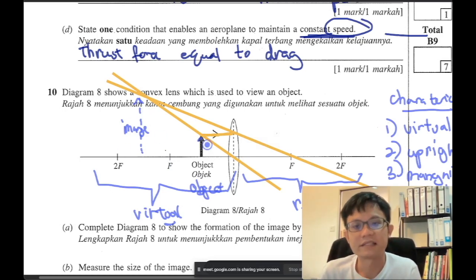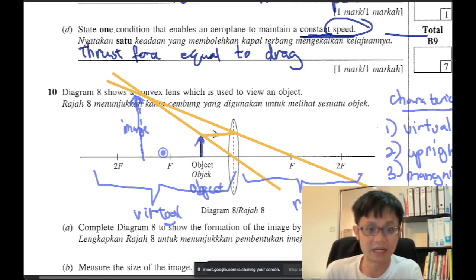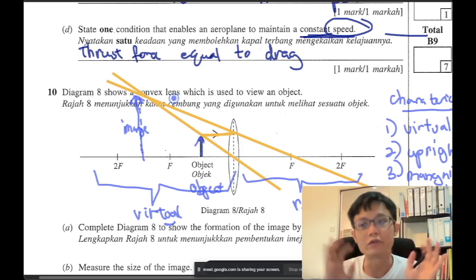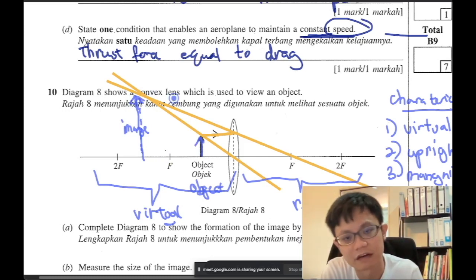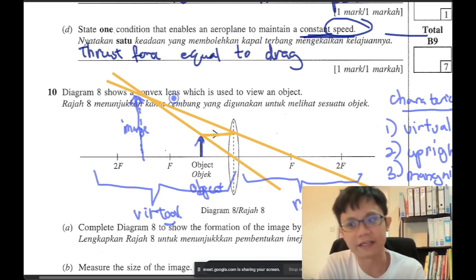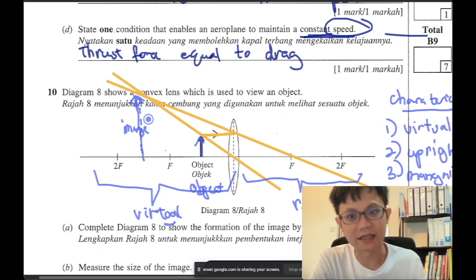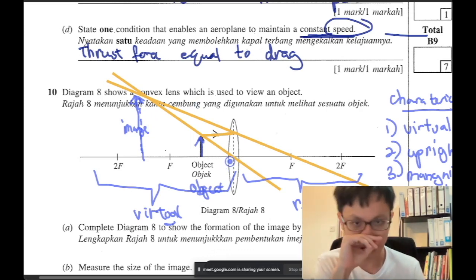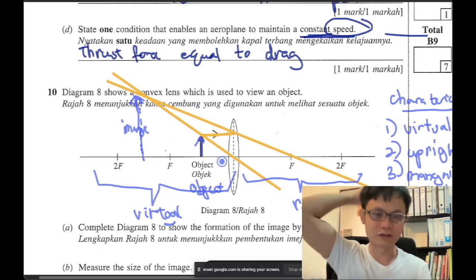We can see that here is shorter, here is longer, so the image is magnified. So we already know almost everything the question wants to ask. If you cannot get the image right, then you cannot do this question, because you won't know what you are doing.